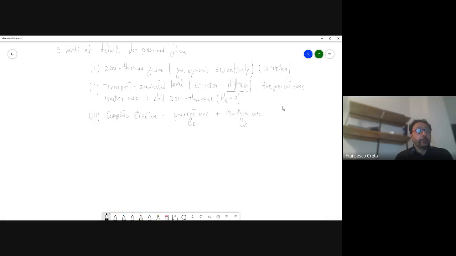So let's take a look at the first level of detail. We've already seen this in the Rankine-Hugoniot analysis. In a wave stationary frame, we have a surface, or a gas dynamic discontinuity, not moving, so it's stationary. We have an upstream velocity which is equal to the laminar flame speed.